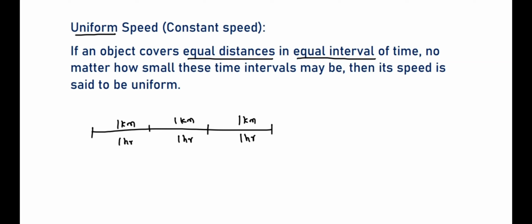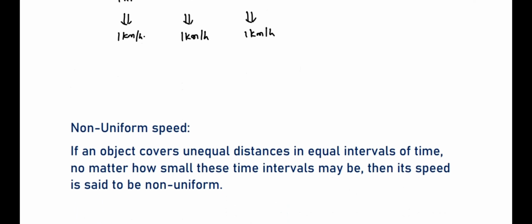If you calculate the speed here, in the first part the speed is 1 kilometer per hour. In the second part also the speed is 1 kilometer per hour. In the third segment, the speed is 1 kilometer per hour. If a body is traveling like this, then the body is said to be in uniform speed.